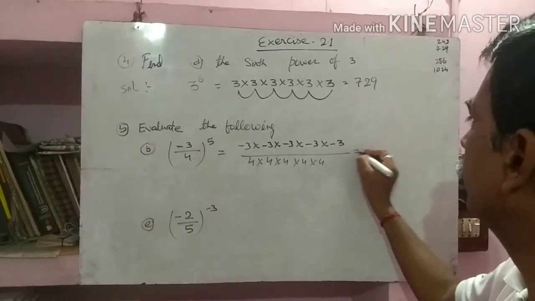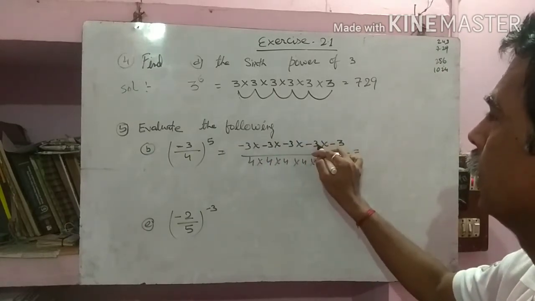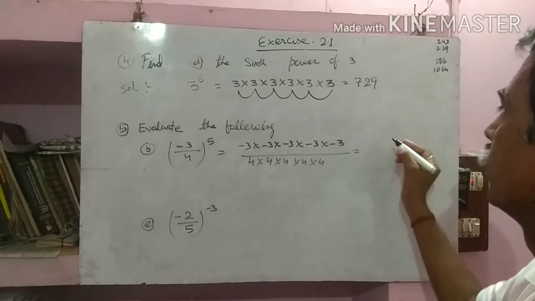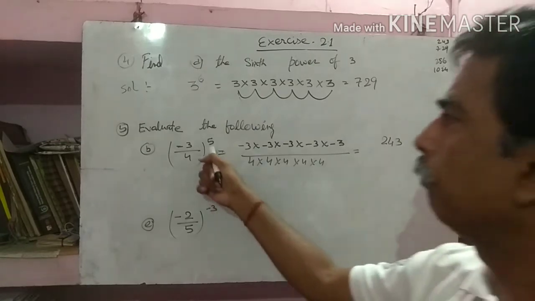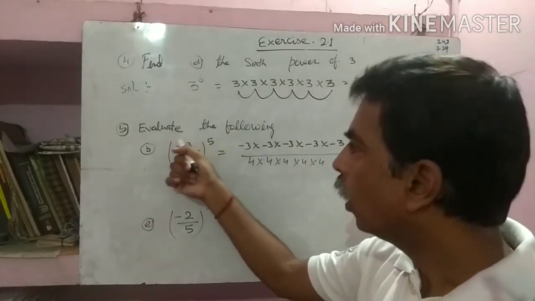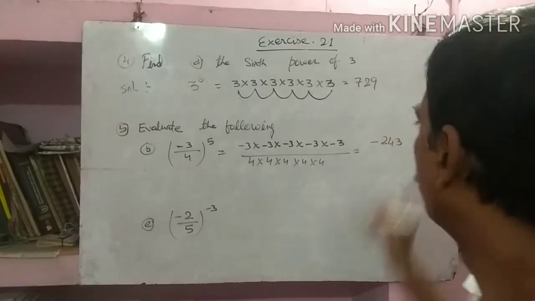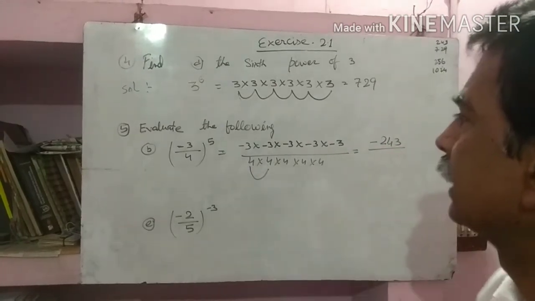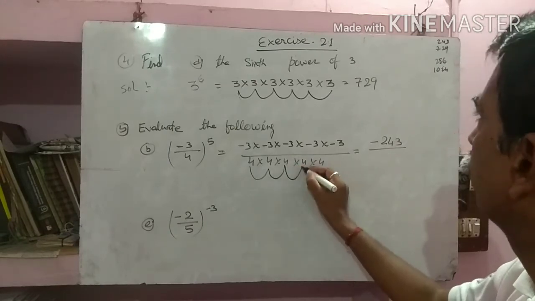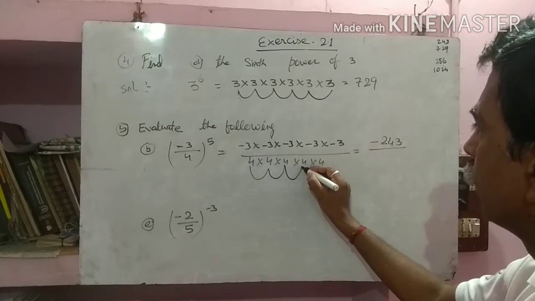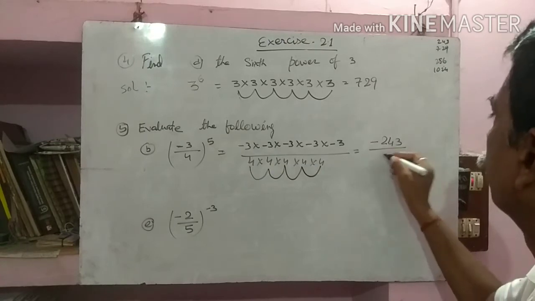Okay, then what will we get? 3 3s are 9, 9 3s are 27, 27 3s are 81, 81 3s are 243. And what we have discussed, if the power is an odd number on any negative number, the result will be negative. By 4 4s are 16, 16 4s are 64, 64 4s are 256, 256 4s are 1024, which is 1024.